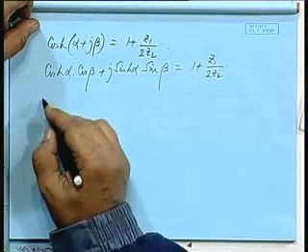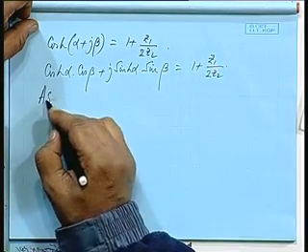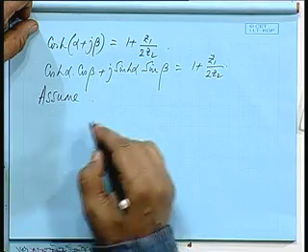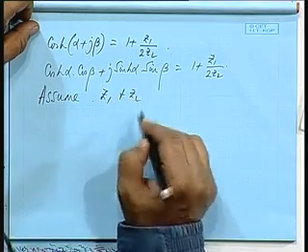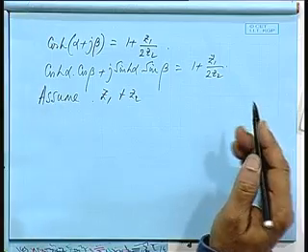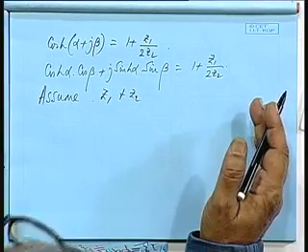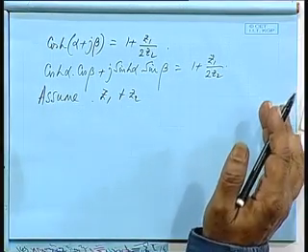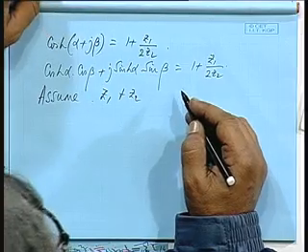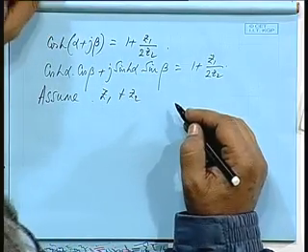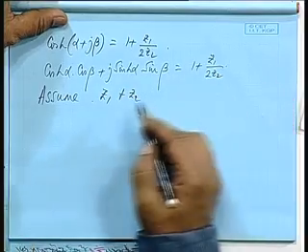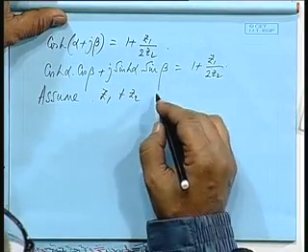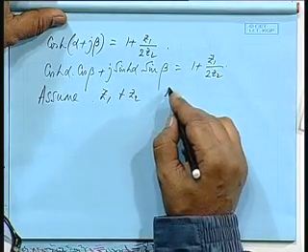Now, let us assume that Z1 and Z2 are lossless. That means, when we are transmitting a signal through the network, there is no loss in the network. Power is directly given to the load. So, Z1 and Z2 are lossless reactive elements.